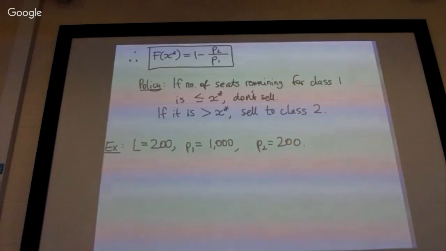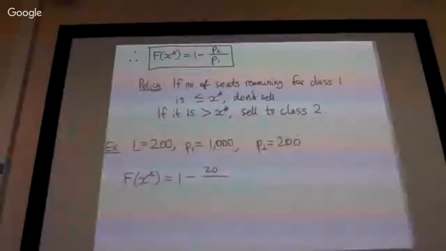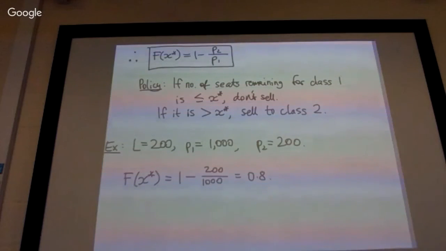So it says that we're looking for x star that satisfies F of x star is 1 minus 200 divided by 1,000, which is 0.8. And it's also assuming that the demand has the normal distribution, and the mean is 60 and standard deviation is 20.